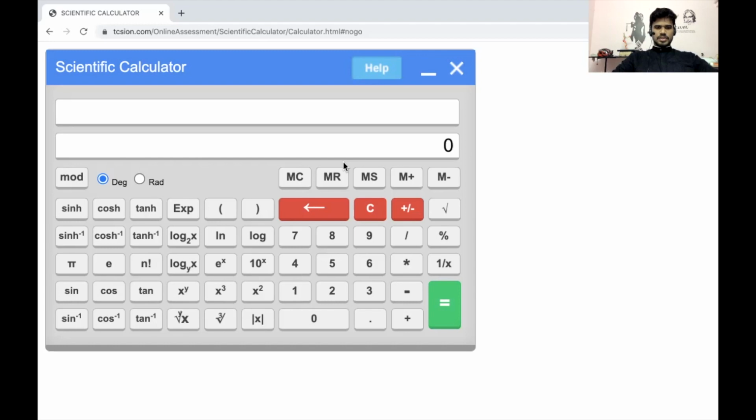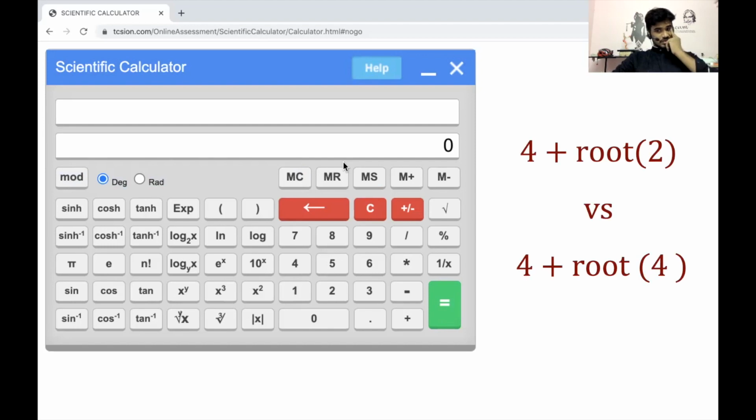Okay, I suppose at least you all started noting what is there in this thing. Okay, so the first thing I want you to do is to find 4 plus root 4. Let's all do it.